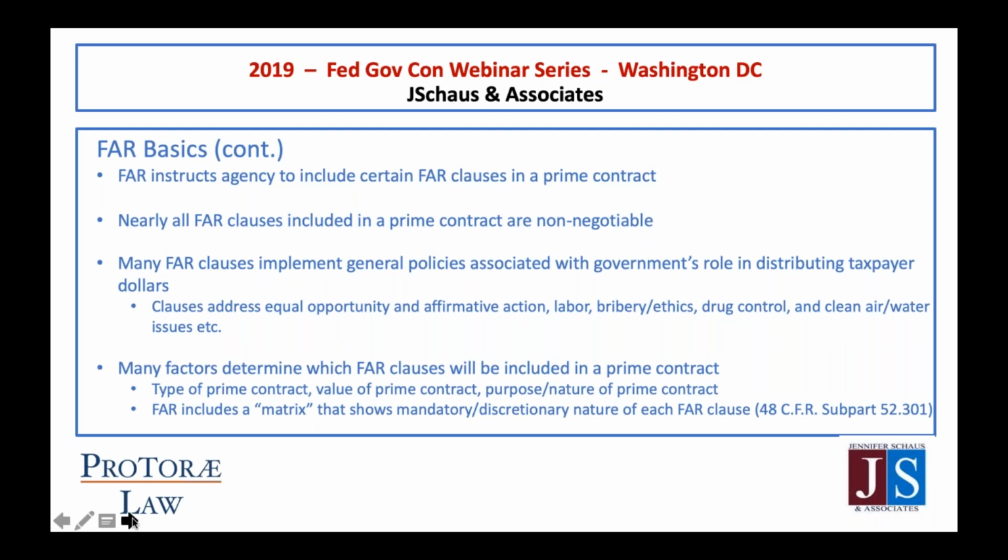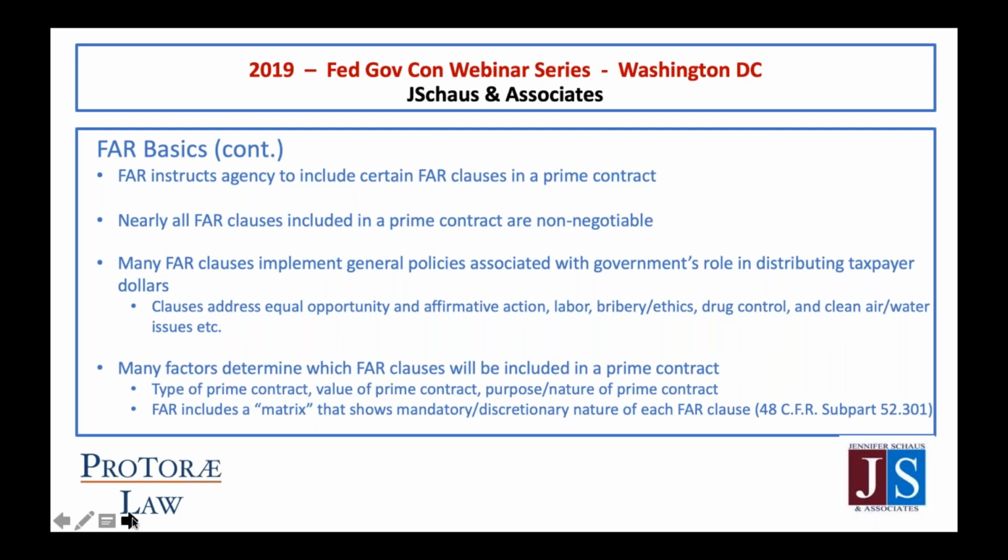And most of those are equal opportunity, affirmative action, labor, supporting collective bargaining agreements, making sure that contractors comply with various ethics issues, anti-kickback, no bribery, have a drug-free workplace, make sure they don't pollute waters, etc. That's a large part of the FAR clauses that are flowed down, and is generally a focus of enforcement.